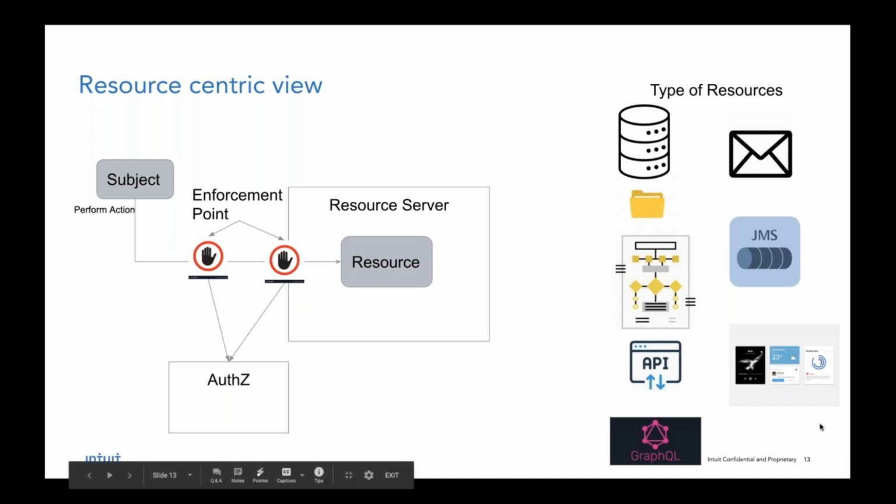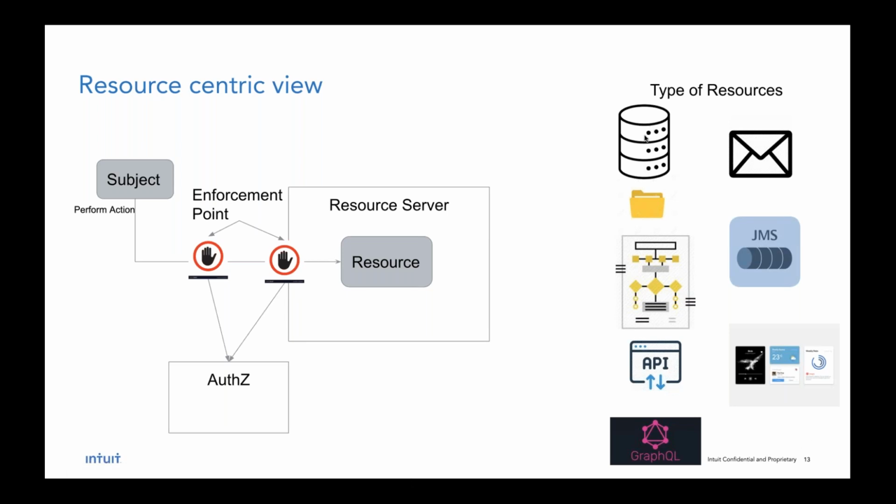Now, again, going back to what a resource could be, it could be a table, a database, it could be a row inside a table, it could be a message, it could be a folder, or it could be a file, it could be a piece of functionality, it could be a queue taking messages or messages themselves, it could be an API, RESTful, SOAP, etc., or it could be a GraphQL entity.